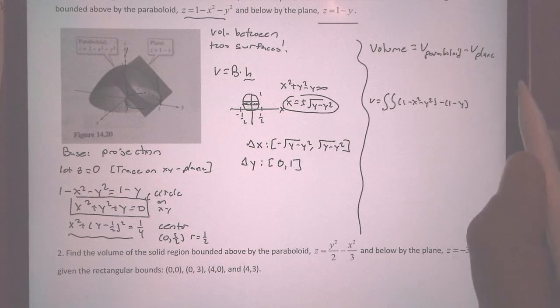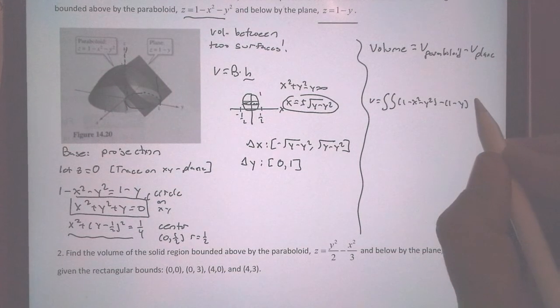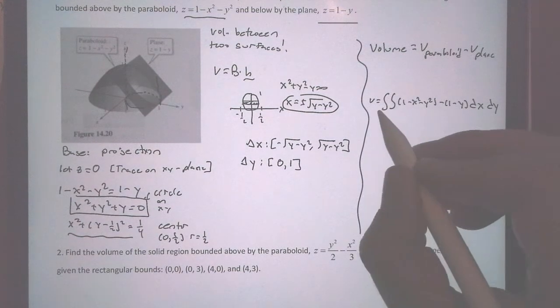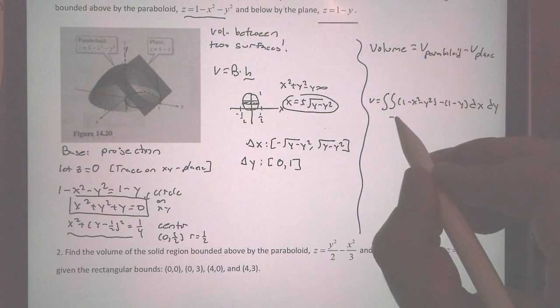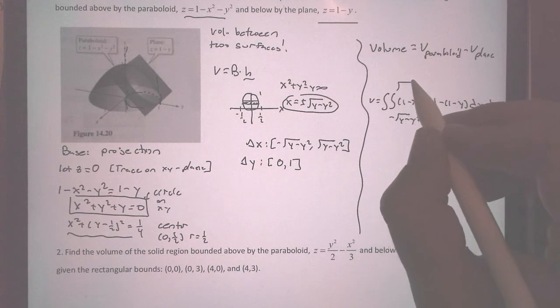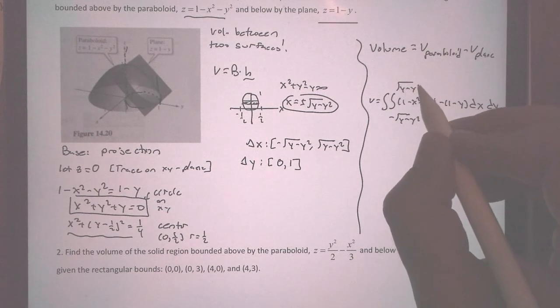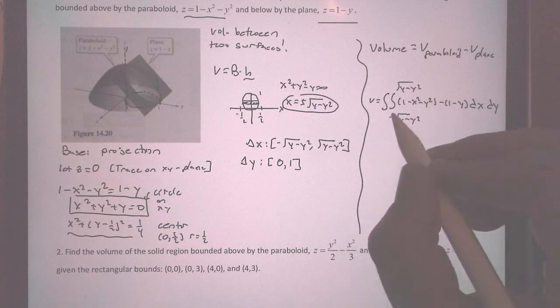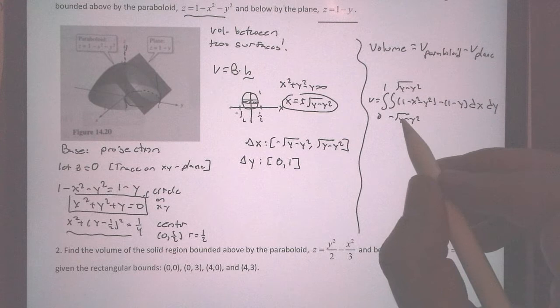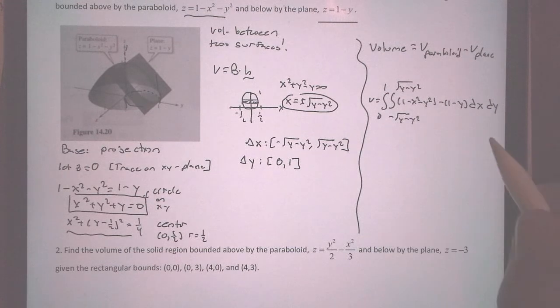I'm so used to going vertical, but this should be dx dy because we went horizontal. So my change in x's we said was negative square root of y minus y squared to positive square root of y minus y squared, and then the y's will go from 0 to 1. And there is our equation.